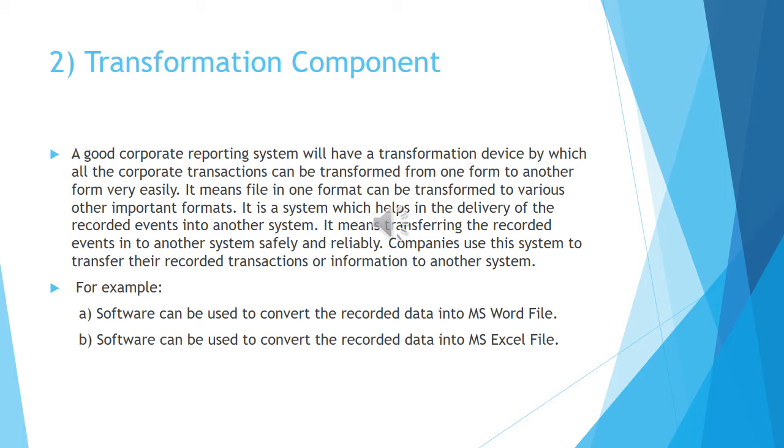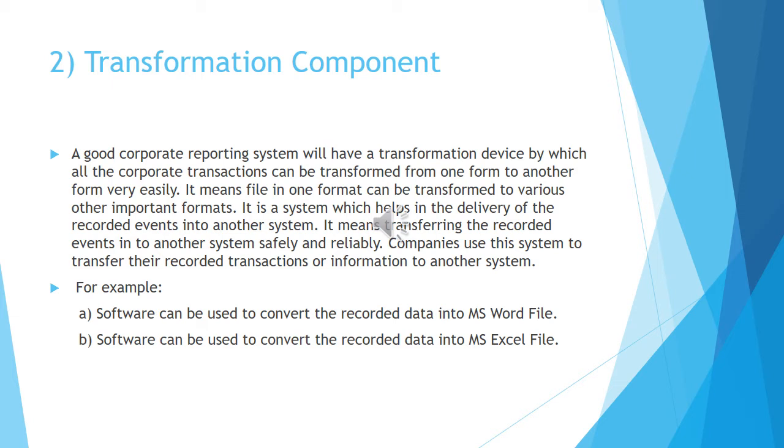The second component is transformation component. A good corporate reporting system will have a transformation device by which all the corporate transactions can be transformed from one form to another form very easily. It means a file in one format can be transformed to various other important formats. It is a system which helps in the delivery of the recorded events into another system.